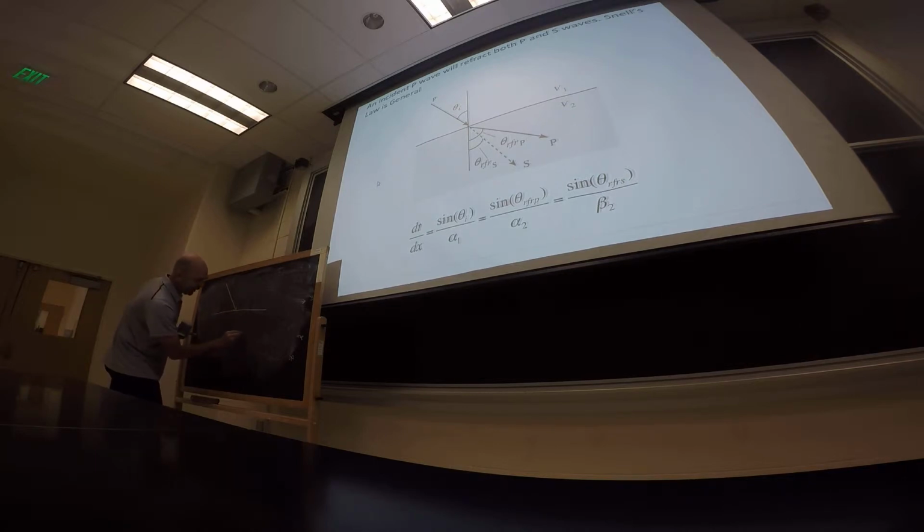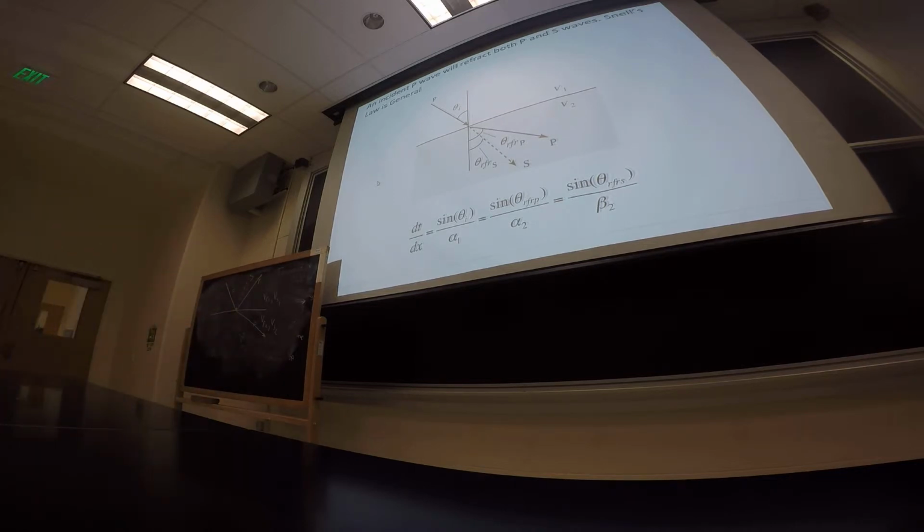So this is S, and this is P, and this is VP1, VS1, and VP2, VS2. And let's say that I've got a refracted P, I've got a reflected P, and I've got a reflected S.